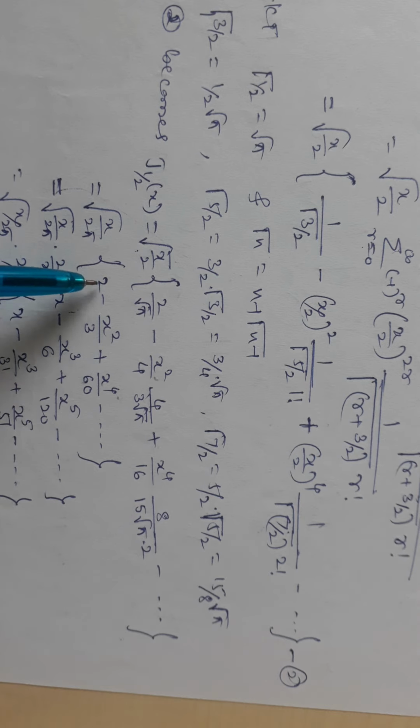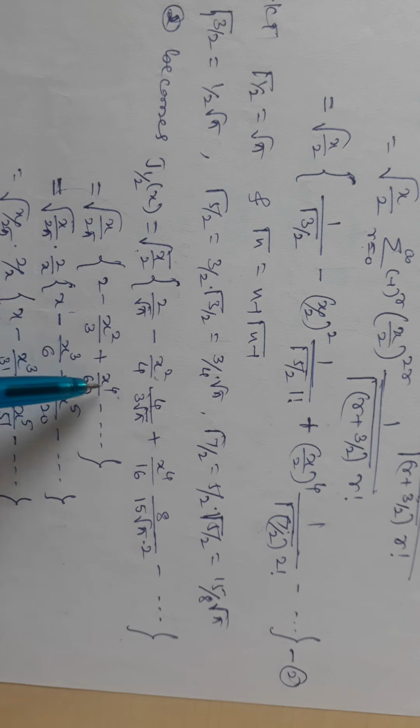If I multiply 2 and divide by 2, this 2 gets cancelled, and multiplying by x and dividing by x means I have taken x outside and then multiplied inside x and divided by 2 outside, inside, then x by 2, x gets cancelled, and here x is multiplied and divided by 2, x cube by 3 plus x is multiplied and divided by 2, and so on.